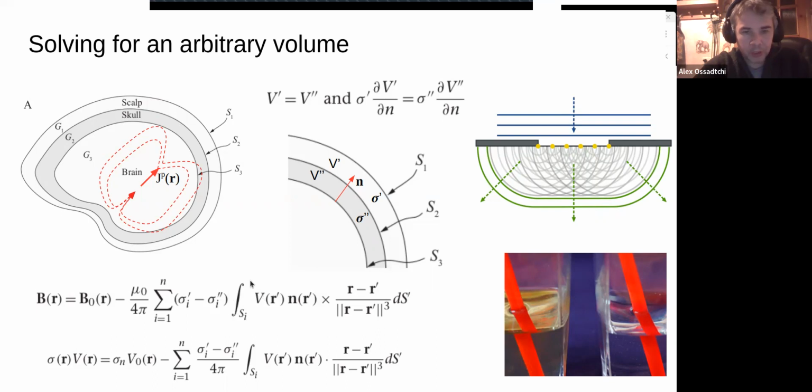You're summing up over all, in this case three, surfaces, three boundaries, and on each boundary you take each elementary source and compute the magnetic field of it. This guy multiplied by this is equivalent to this Q, but a very small elementary Q, an elementary current dipole. That's the only thing that this formula tells you.